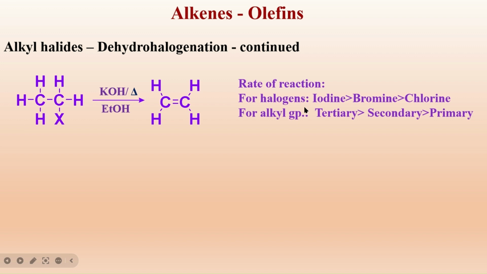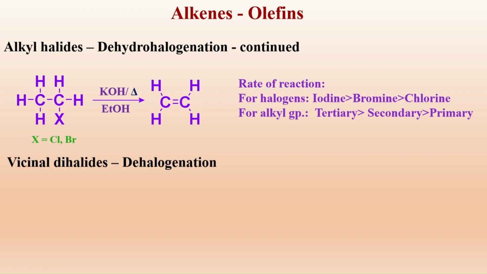That's why iodides are more reactive than bromides, which are more reactive than chlorides. Among alkyl groups, tertiary alkyl halides are more reactive than secondary, which are more reactive than primary alkyl halides. We will deal with the mechanism in detail when we cover elimination reactions.